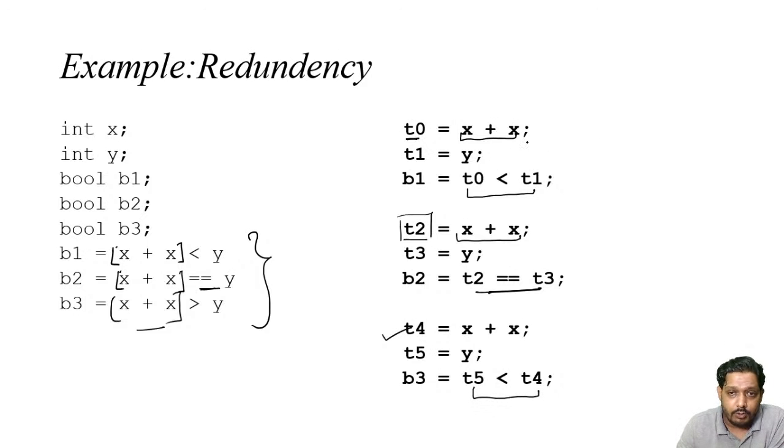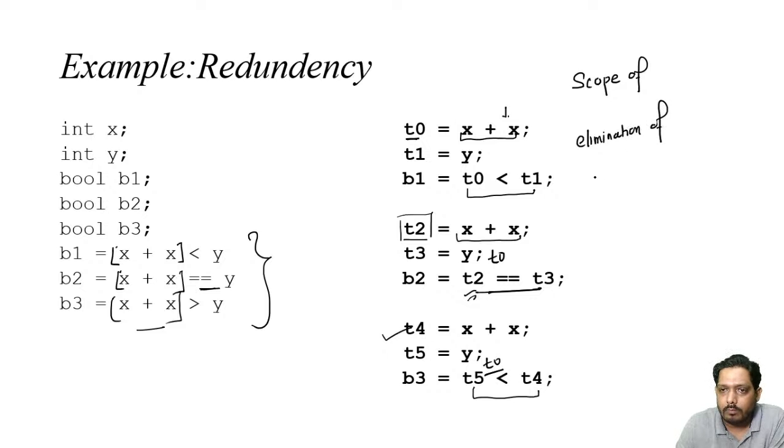Now immediately you will observe that we have some scope of improvement. There is a scope of improving this code, and immediately it comes to your mind: why compute x plus x three times? If I am checking the condition with x plus x, rather than writing this again as T2, I can write here T0. I can write here again T0. So this is an example. Later we will see this is the elimination of common subexpression.